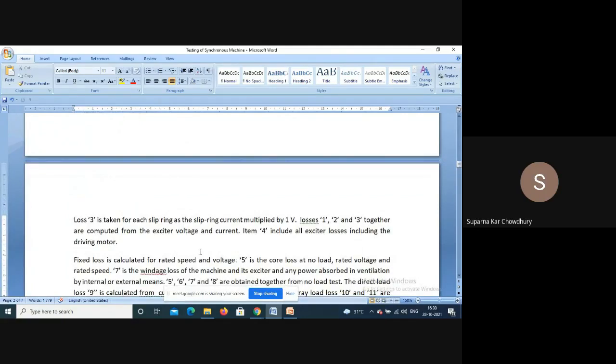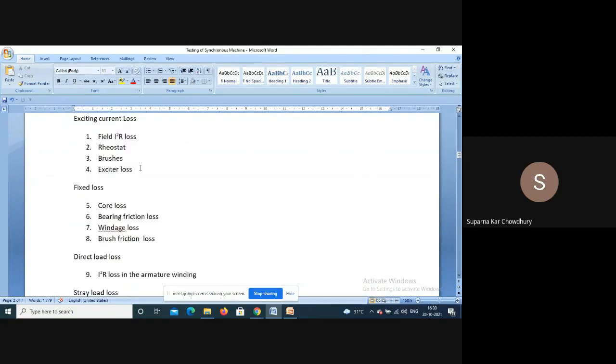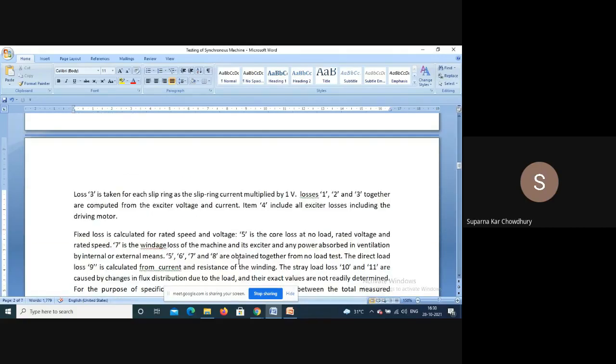Now, the losses, this 1, 2, 3, that is the field I square R loss, rheostat, and brushes, these are together determined from the voltage and current of the exciter. That voltage into current of the exciter supply will give the value of those losses.